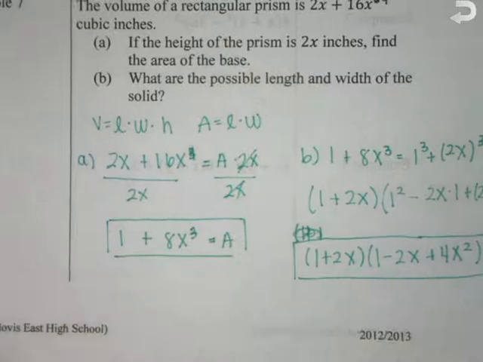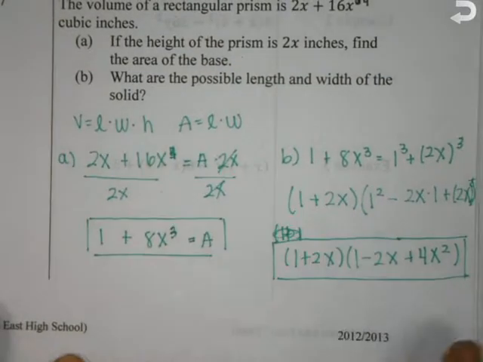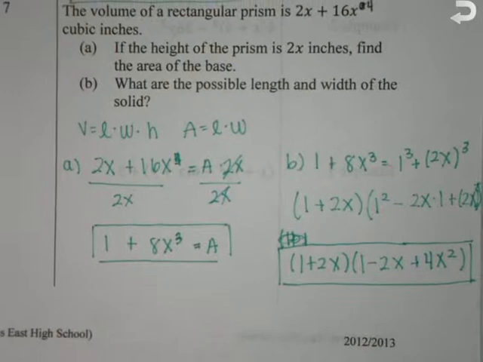So what I'm going to do is I want to pass out your quizzes so you can have them back. So while I'm passing back your quizzes, will you copy this down? It's all my work. It's the exact same process that we used last week for the same problem, except this time once we get the area, we have to factor it using cubes. Okay, so it's just a different type of factoring in step 2.